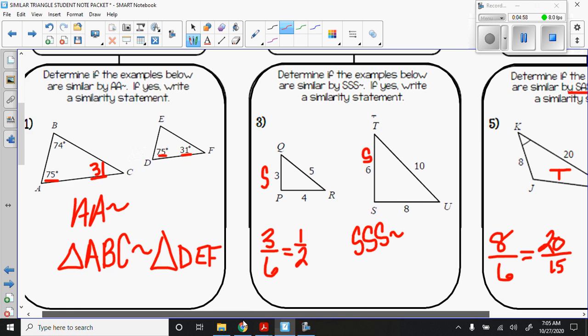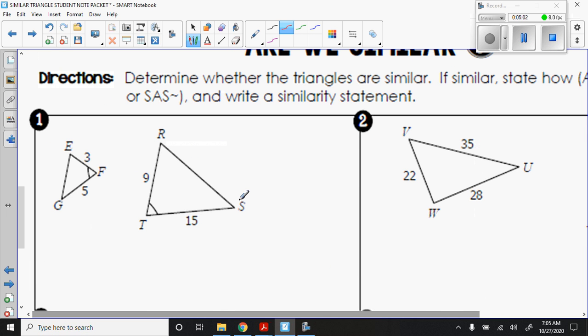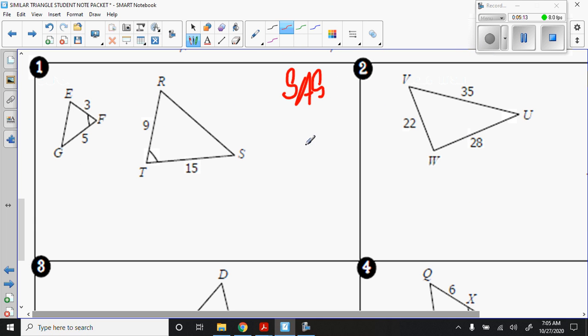All right, so let's go ahead and check for these. All right, so number one, these are two sides and an angle, so this is all I'm checking. Since I see two sides with an angle in between them, I'm checking SAS. First thing you want to do is compare small to small, 3 to 9, and then big on top of big.